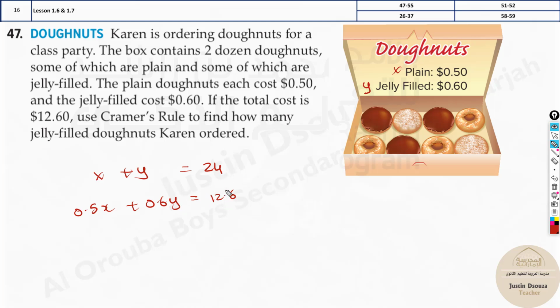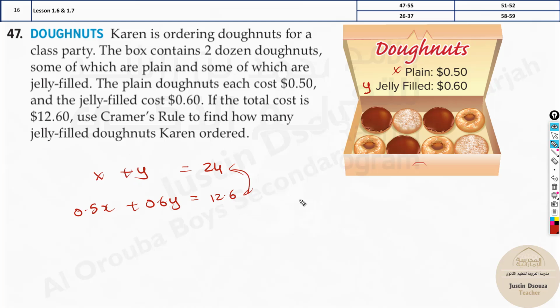And the total cost is 12.6. Though we do not know how many donuts there actually are, since we know these values and the total cost, and we have one more equation, at least 2 equations are required. I mean, for 2 variables, 2 equations are required. You can solve what the actual number is. From this, you can solve how many x, that is the plain donuts, and how many y, that is jelly filled.